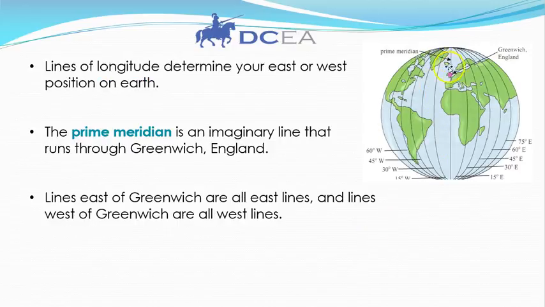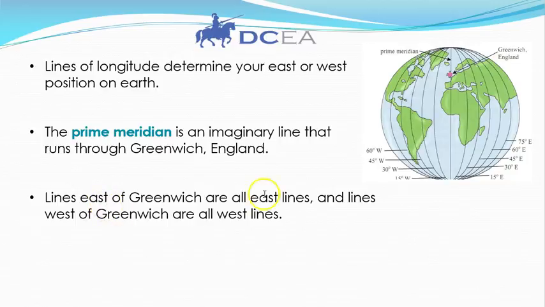Lines of longitude determine your east or west position on the Earth. There's a line that we begin with, and this is called the prime meridian. It goes through Greenwich, England. It's just an imaginary line, but this is where we begin counting our degrees of longitude.